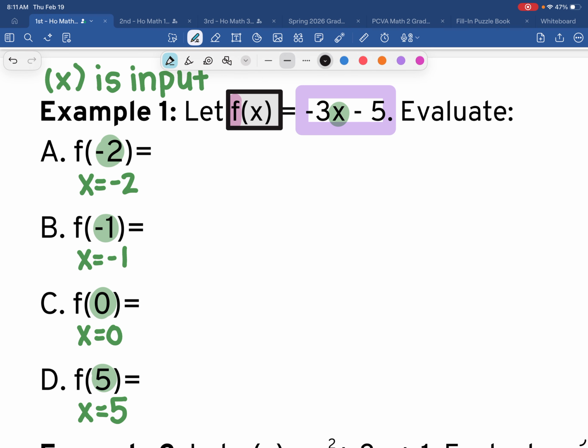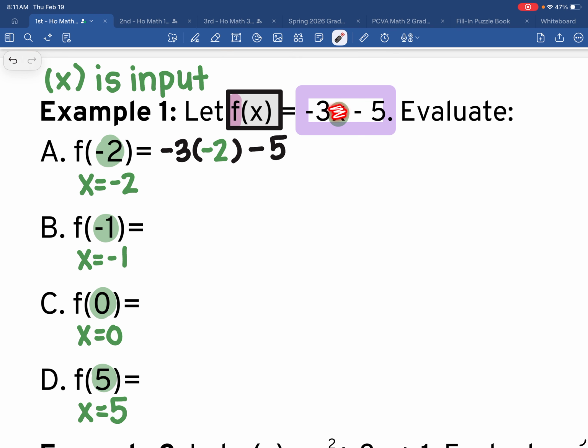All right. So for this first one, I have -3, a placeholder, and then -5. I'm going to substitute -2 in that x spot. So I'm taking the x out completely and replacing it with a -2.